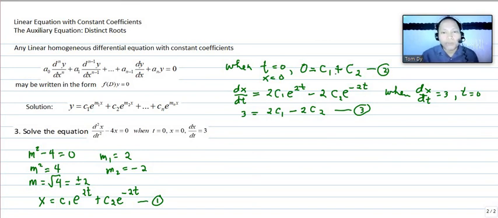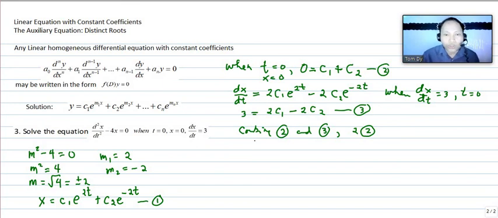Then we will eliminate one of its variables, I mean constants. For this case, I want to eliminate c sub 2. So I will combine equation 2 and equation 3, and multiply equation 2 by 2.